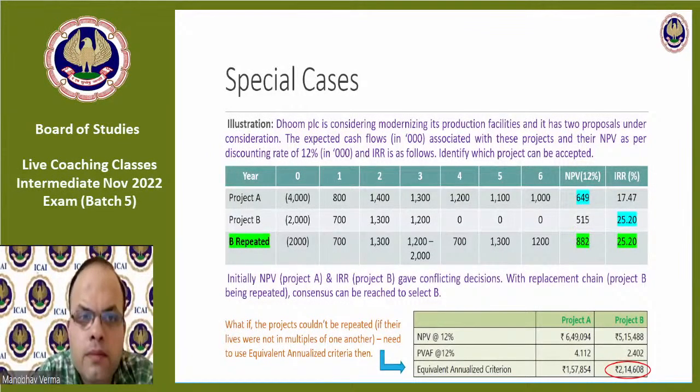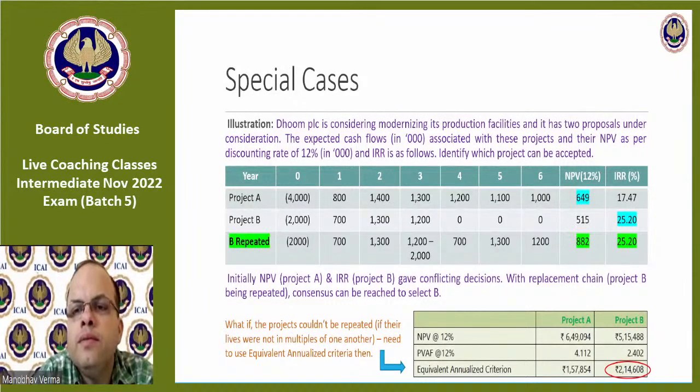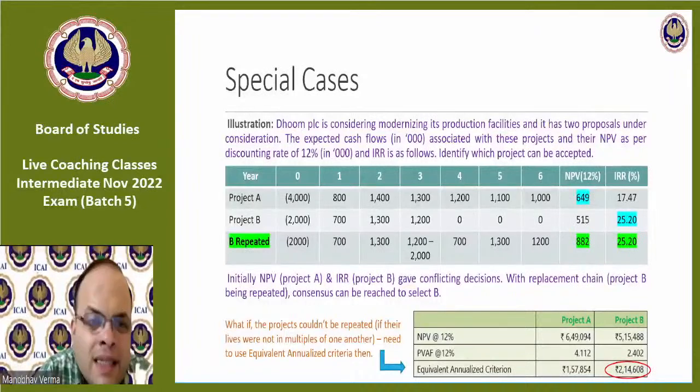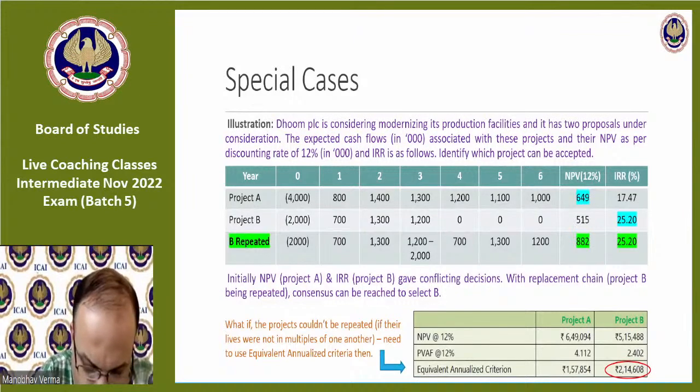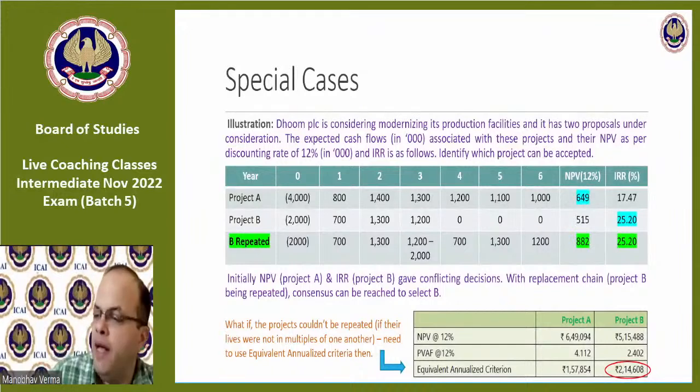So guys, can you please tell me, in terms of Project A versus Project B, what do you think? Project A is of 6 years, Project B of 3 years. If I see NPV and IRR, we are talking about the conclusion as per NPV.